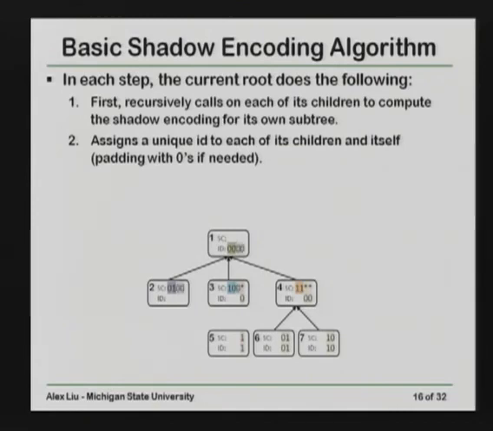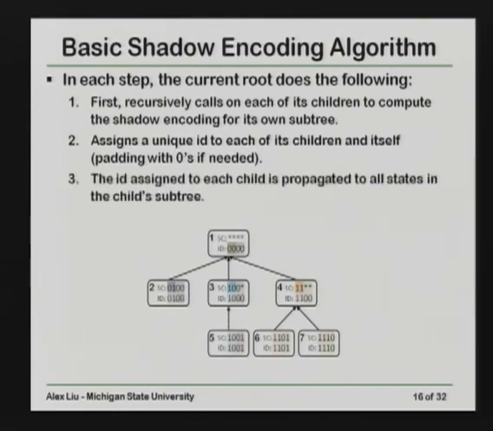Because the shadow code of state 4 is 4 bits, we need to pad with 0, so for state 3 we need to insert a 0 there. The IDs assigned to every child will propagate to all the states in its subtree. This will form a valid shadow encoding.